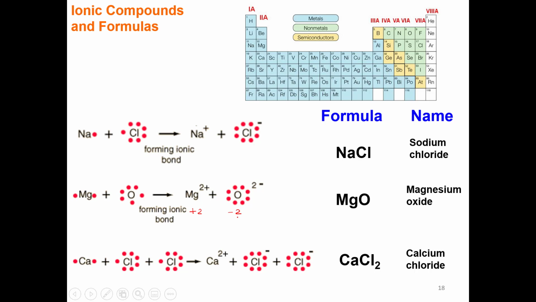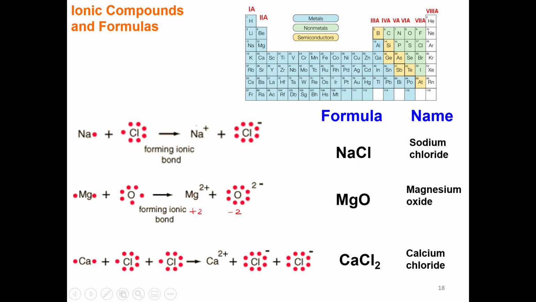Now let's write the formula. Always we want to write first the metal, which is magnesium in this case, or the positive ion, always is the first. And then after the positive ion, we want to write the symbol for the non-metal, in this case oxygen.